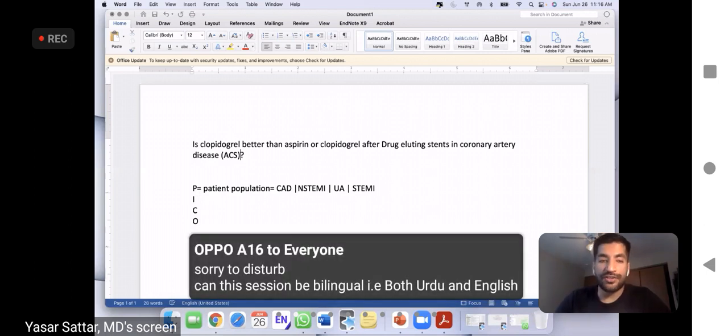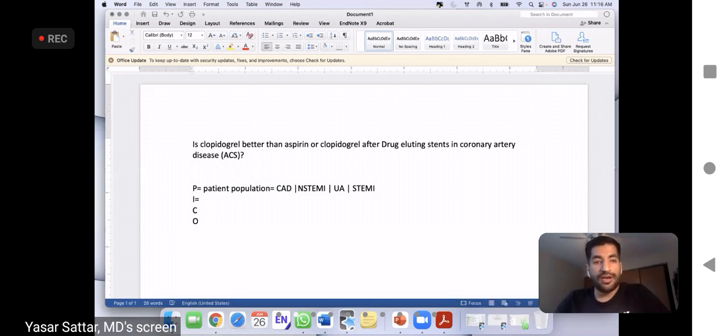I is for intervention. Here, what I'm trying to study in my research question is clopidogrel, brand name Plavix in the US. Is it better than using aspirin and clopidogrel? So my intervention is just Plavix or clopidogrel.